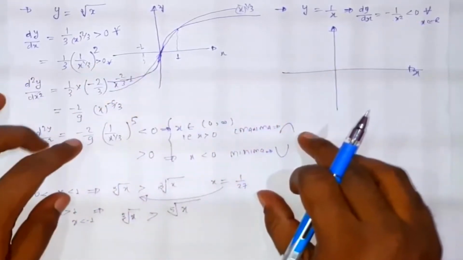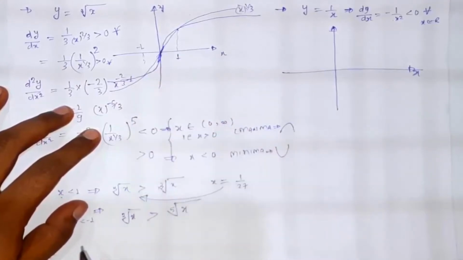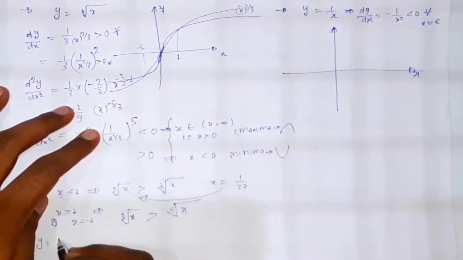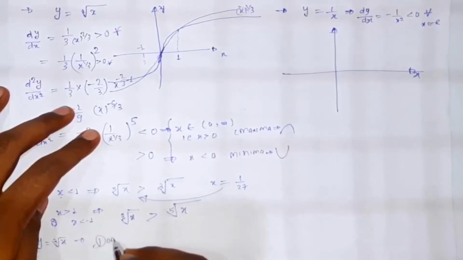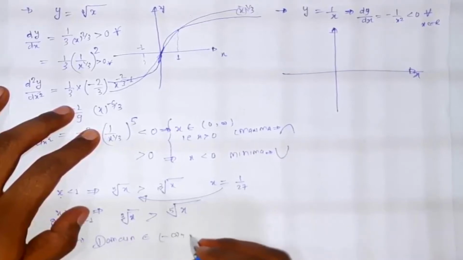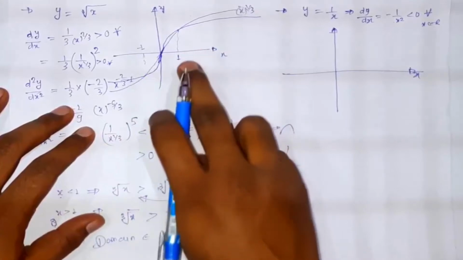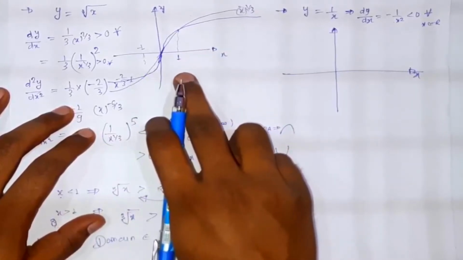Before that, I should say about the domain and range of this function. Okay, as far as y is equal to the cube root of x is concerned, the domain will be from minus infinity to plus infinity, because each and every value of x can be entered instead of the value of x, and we will get a real value of y.